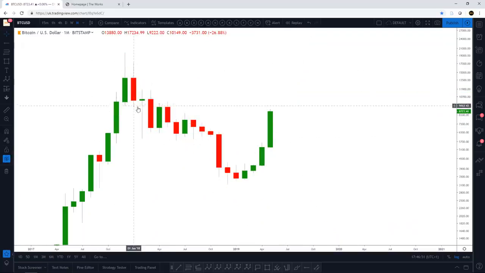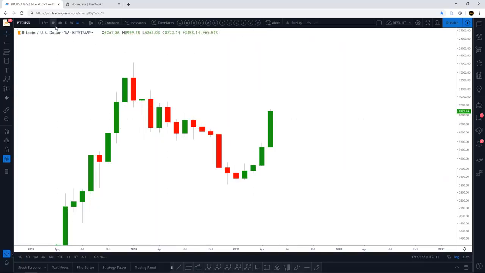You can see these two wicks down here both bounced off around 92.80, and it's also in keeping with this high here. This order block, this green candle, is at 92.80 as well. So 9300 to 9400 is certainly probably the next target.